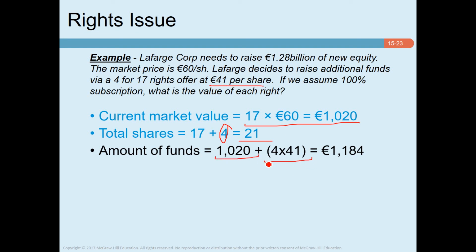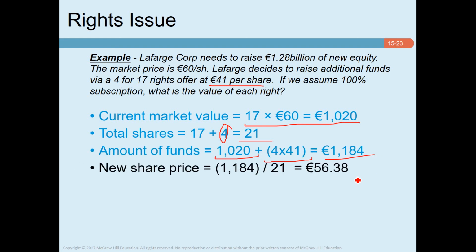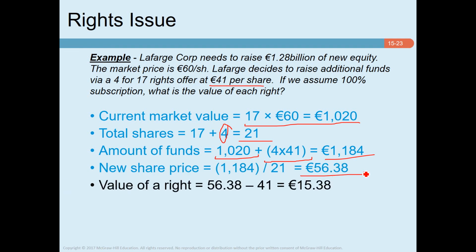The current value is 1020, so the total value is 1184 and the new share price will be 56.38. However, you actually pay 41. So since you pay 41 and the share price is 56, the value of this right is 15.38.